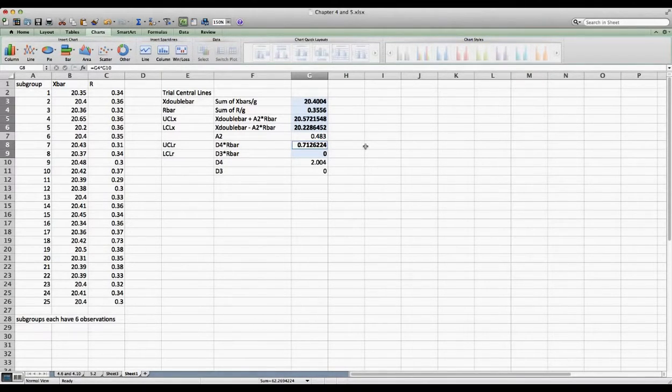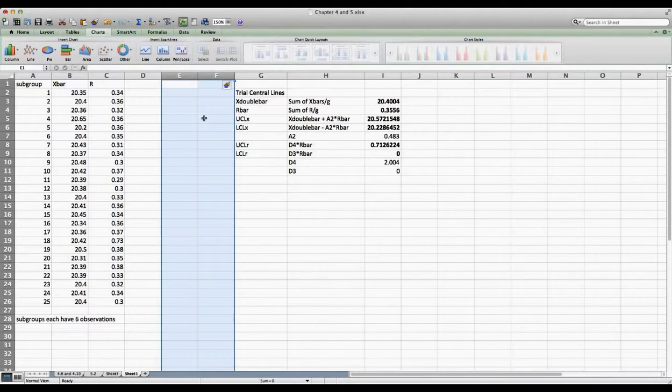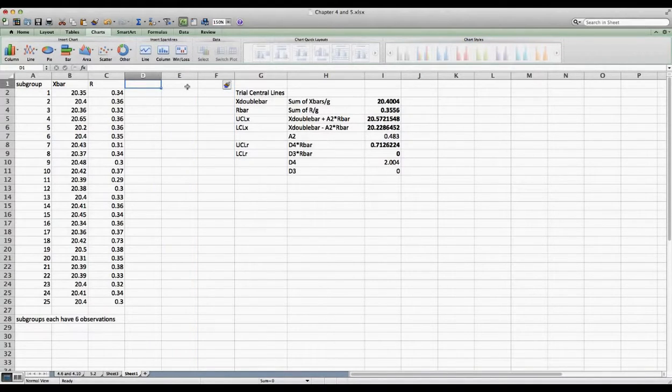Now I have successfully constructed a trial control chart for both the X bar chart and the R chart. Now I'm getting pretty excited because I can make this control chart visually. What I'm going to do is create new columns where I can put all of these values that we just calculated.